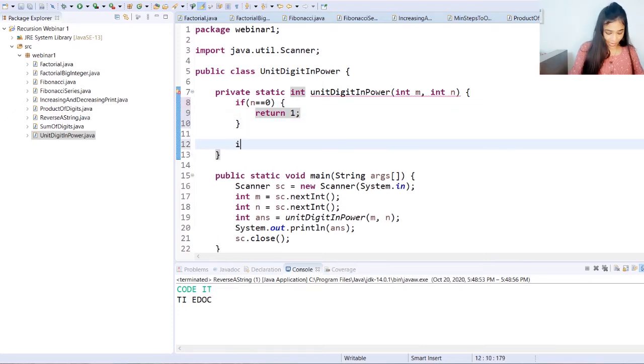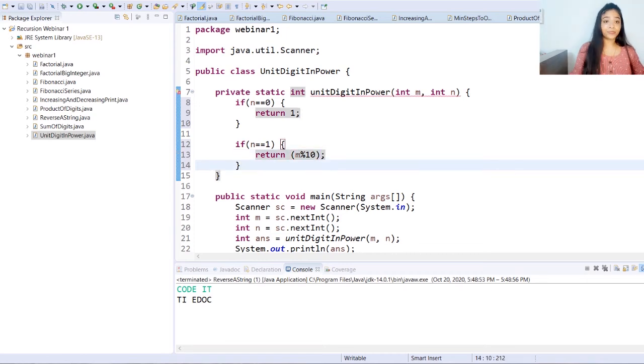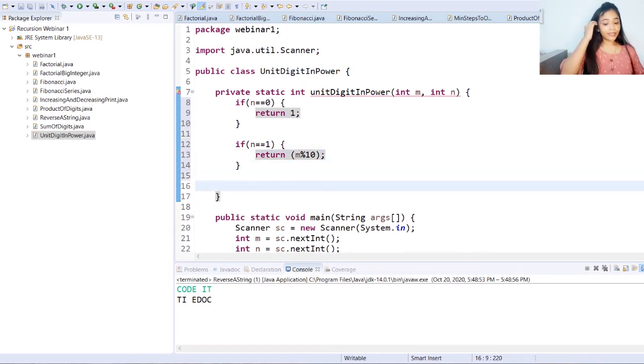Okay, and if n is equal to 1, then we were returning the last digit of m, the unit digit of m. All right, now the main logic part is we were getting the value for when m was multiplied to itself n minus 1 times, that is the unit digit of m power n minus 1.